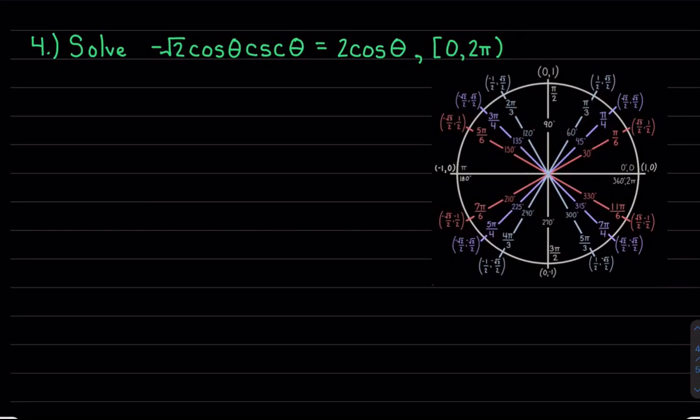All right, let's check out our final problem. Here we have negative square root of 2 cosine theta cosecant theta equals 2 cosine theta. Again, when you have a problem like this, you want to get one side equal to 0. I'm going to add the square root of 2 cosine theta cosecant theta to both sides of the equation.